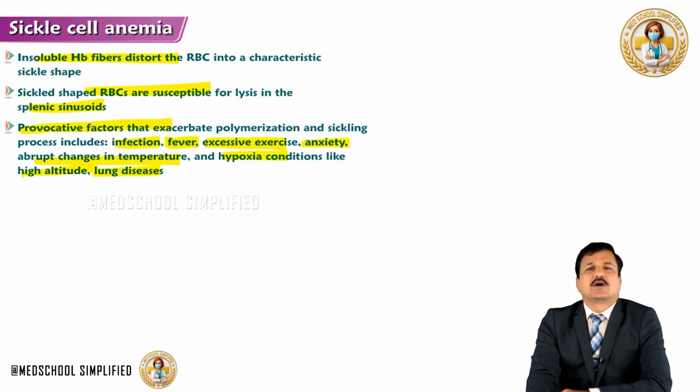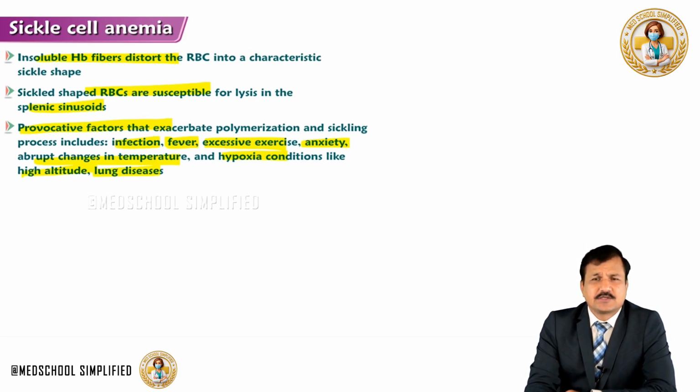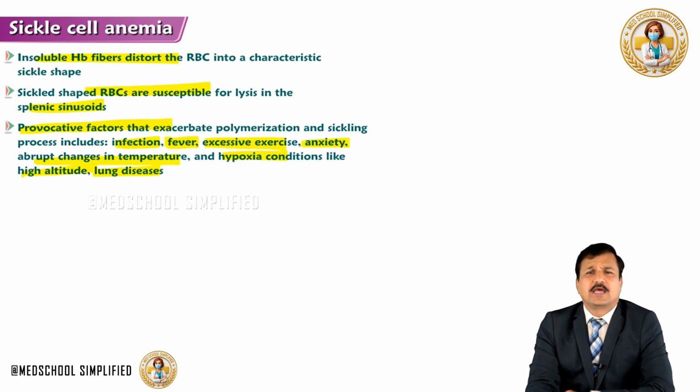All these are provocative factors which will exacerbate polymerization of the hemoglobin molecule and lead to insoluble fiber formation and sickling of red blood cells, and that can lead to increased hemolysis.